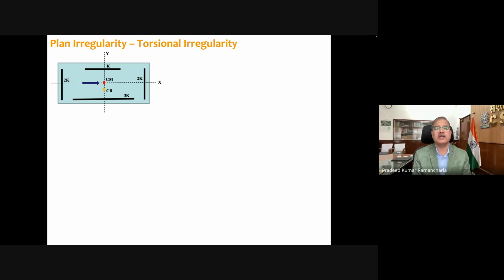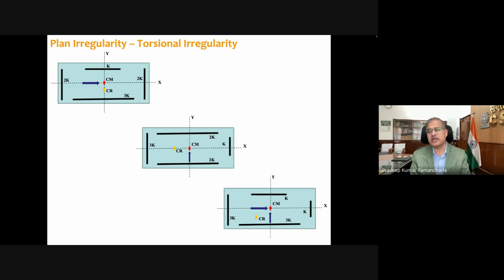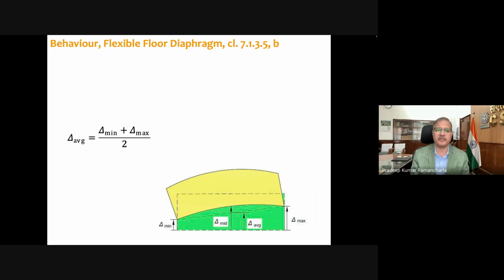That means in this building, during shaking, twisting will take place. The center of mass will twist about the center of resistance, so that means clockwise twisting. In the second case, it is anti-clockwise twisting. Here both are there, eccentricity along the x-axis and along the y-axis, so the building will have a complex structural behavior.